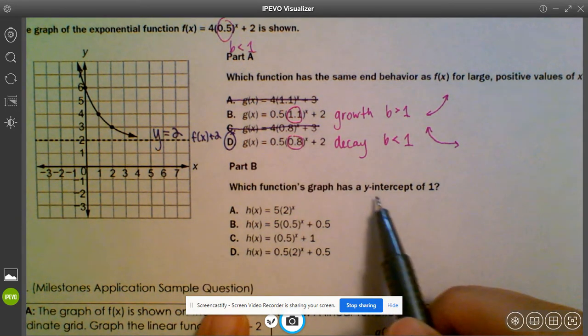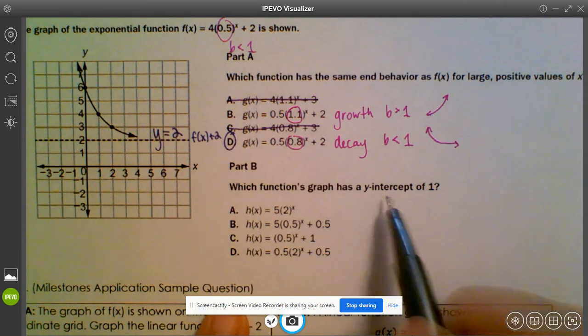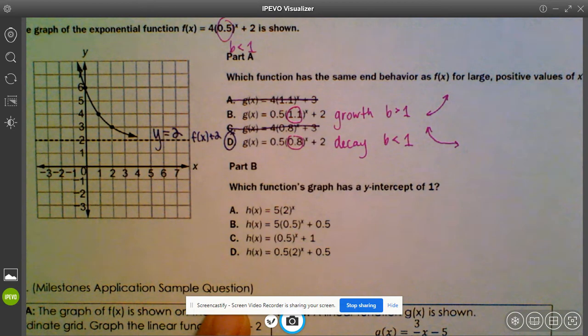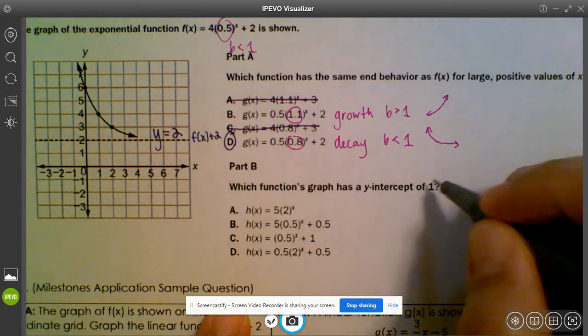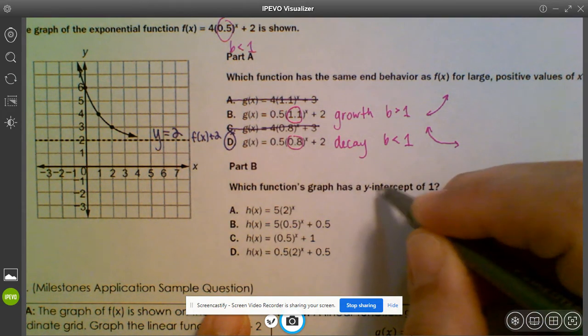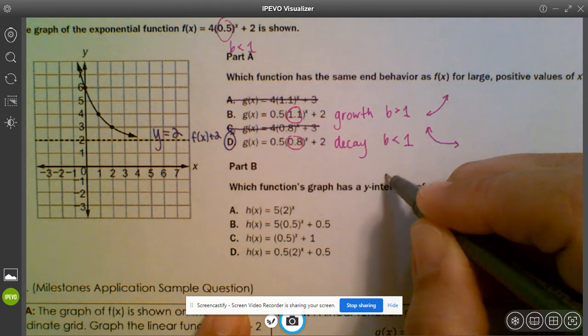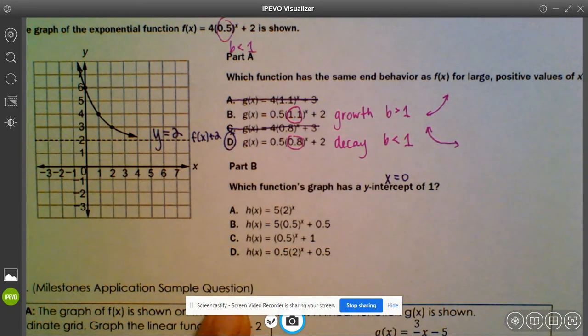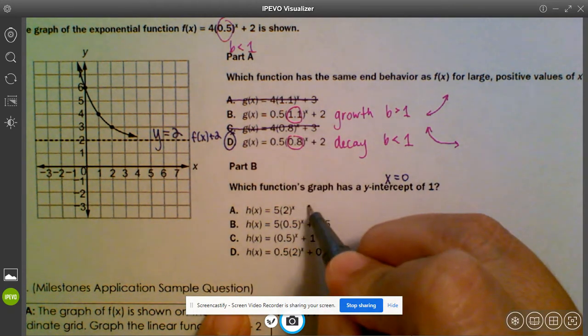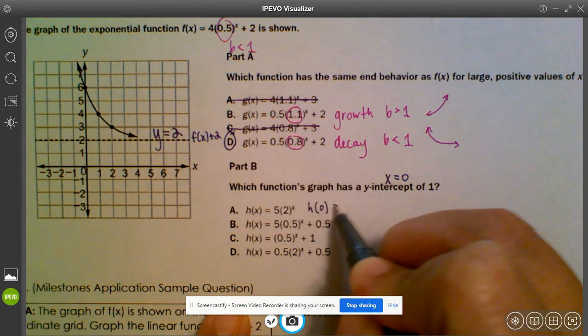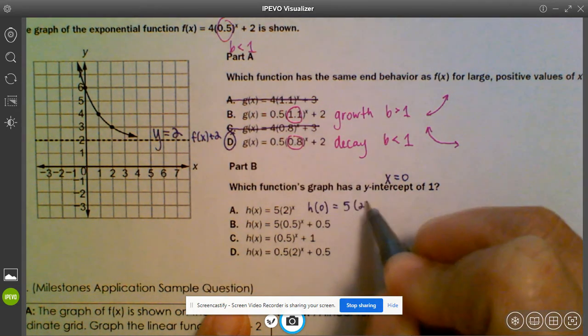So graphically, the y-intercept is where we touch the y-axis. But remember, I don't want a graph. So what's the other way to find the y-intercept? Well, let's look algebraically. Algebraically, this occurs when x equals 0. So I think what I should do is find h of 0 for each of these.